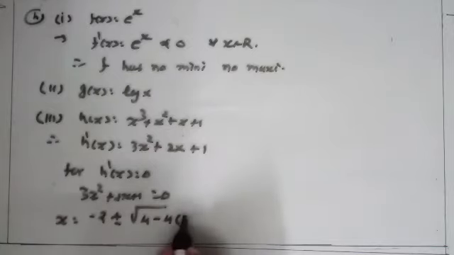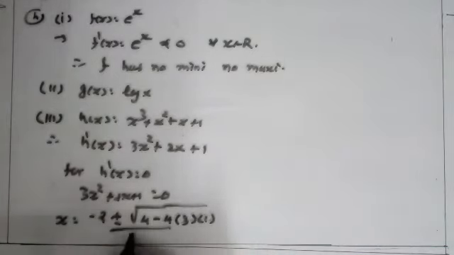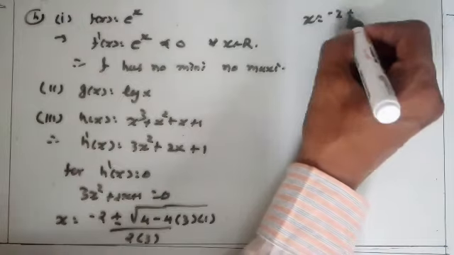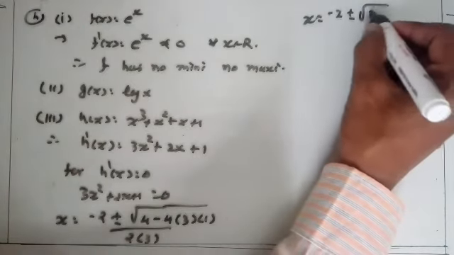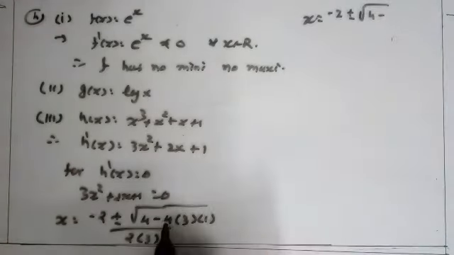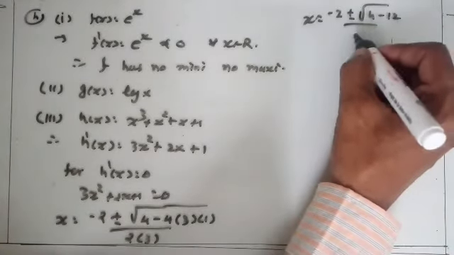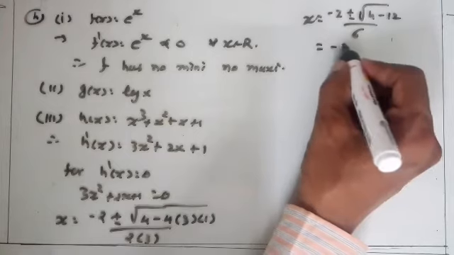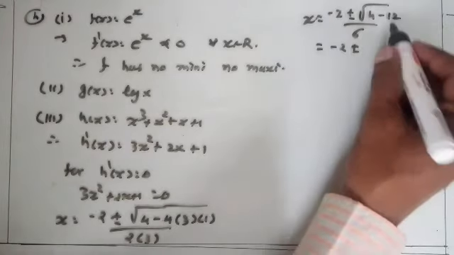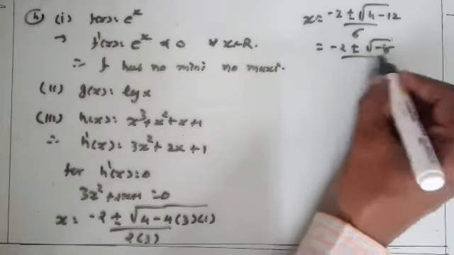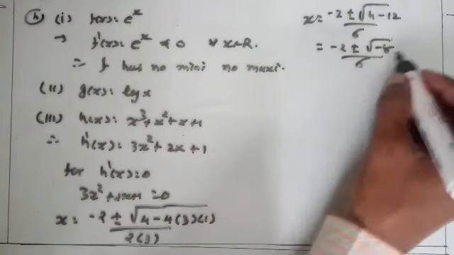Here a is equal to 3 and c is equal to 1, and 2a is equal to 6. So x is equal to minus 2 plus or minus root of 4 minus 4 into 3, which is 12, upon 6. So it is equal to minus 2 plus or minus root of minus 8 upon 6.